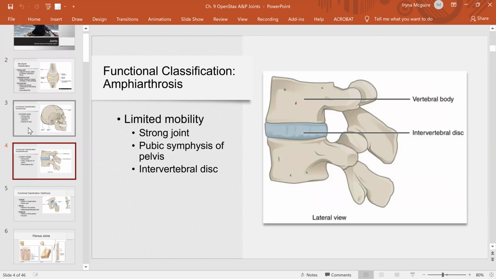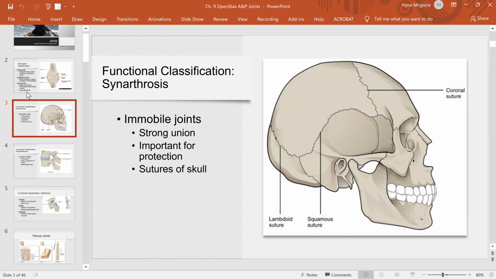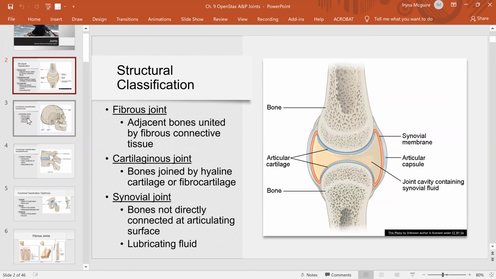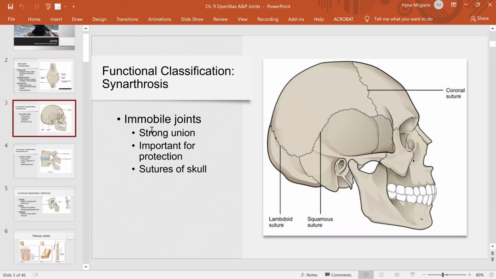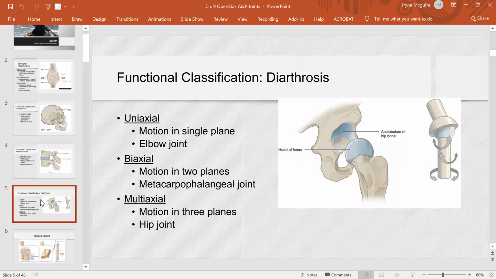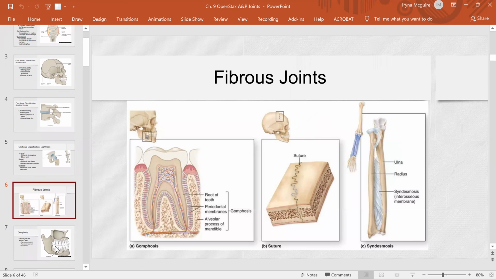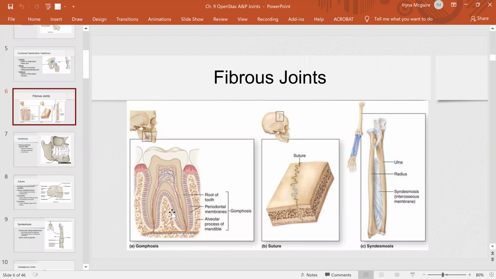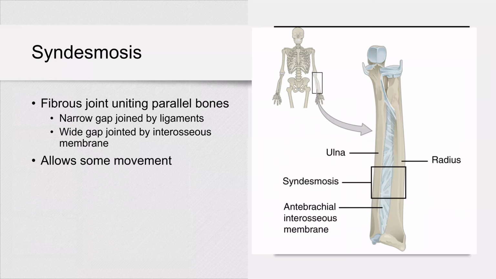Okay, we don't have a slide dedicated to functional classification, but it says over here synarthrosis, amphiarthrosis, and diarthrosis. I hope it makes sense. So fibrous joints we covered: gomphosis, sutures, syndesmosis.